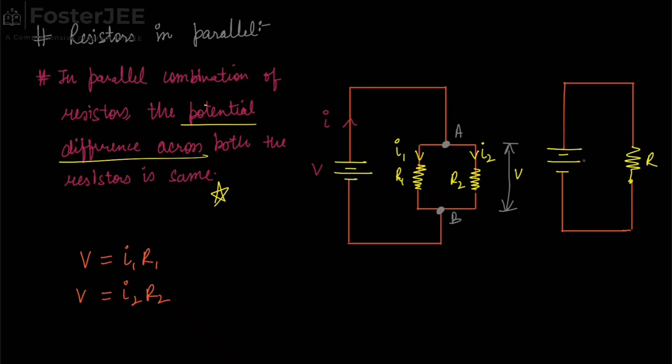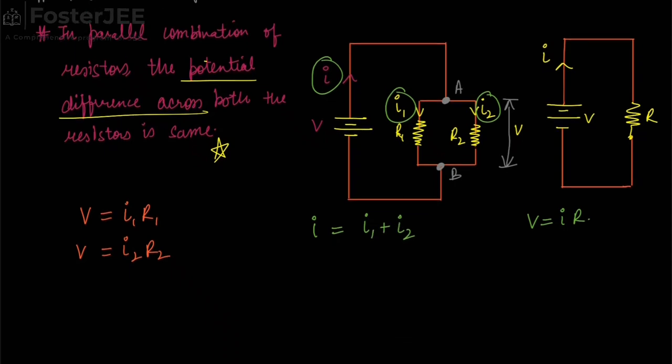Let's suppose this is R, then this is V, and let us suppose it sends the same current I. So the only part that has changed is this one. Hence, applying V equals IR for this circuit, we get V equals IR. And also from here we can see the net current is being distributed into I1 and I2. So from this circuit we get I equals I1 plus I2.